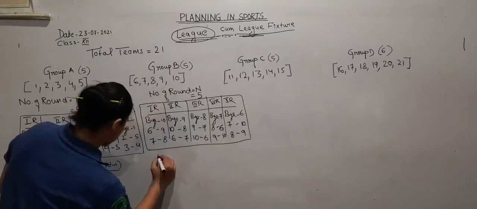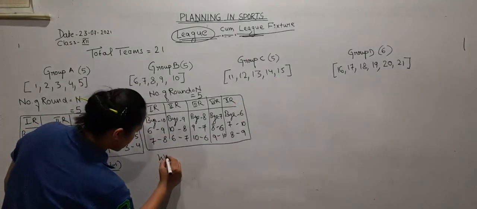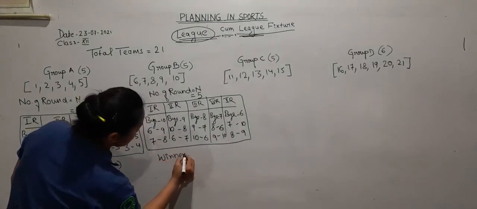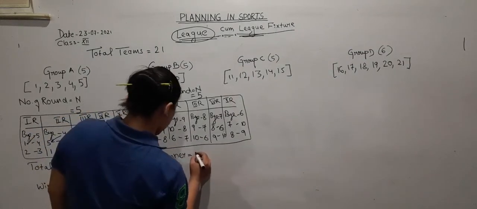And total match, let winner. Here the let winner is 10.